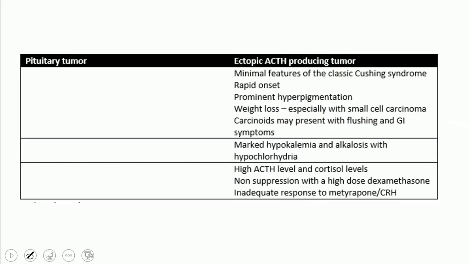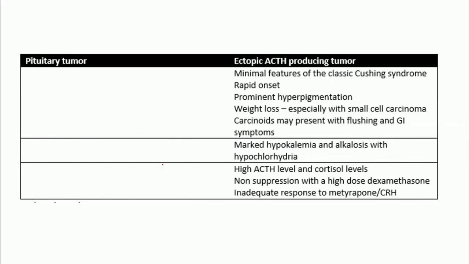But what they do have is very significant hyperpigmentation because, as you know, ACTH causes melanocyte stimulation to produce melanin, and they get very severe hyperpigmentation, right? And also they have a very prominent metabolic profile where they have marked hypokalemia, right? And metabolic alkalosis, right? Metabolic alkalosis. So that's a special thing.